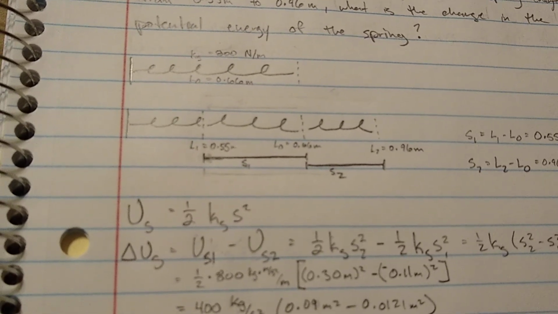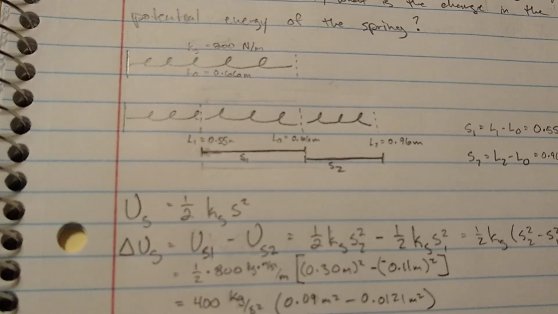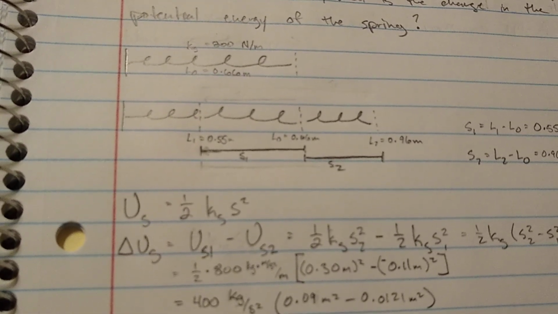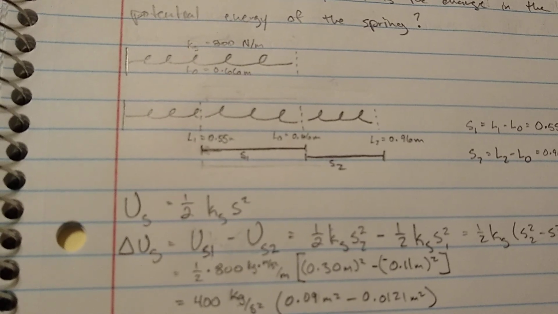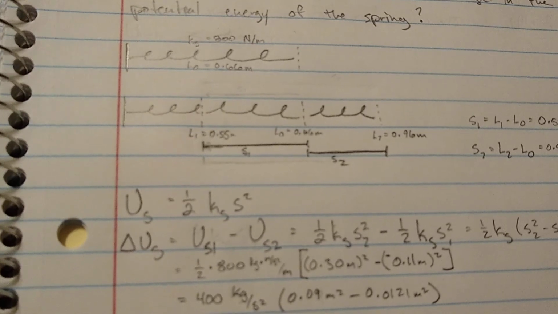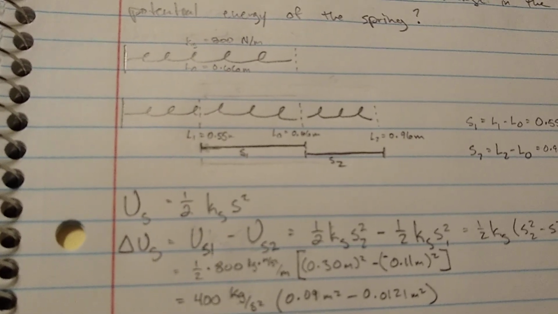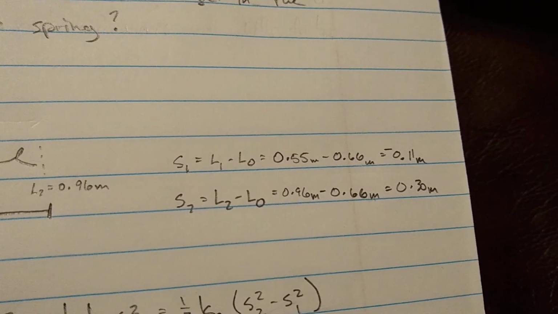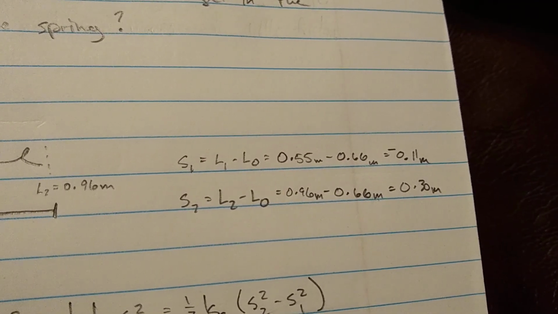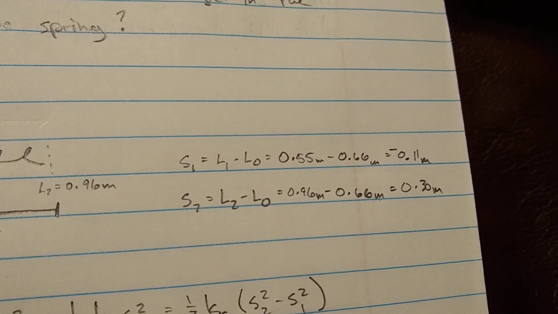and we have S1 as representative of the compression and S2 as representative of the stretch, and both those are measured based off of the relaxed length, or in this case the length in the middle, the LO. You can calculate S1 as the difference between the final and the initial.